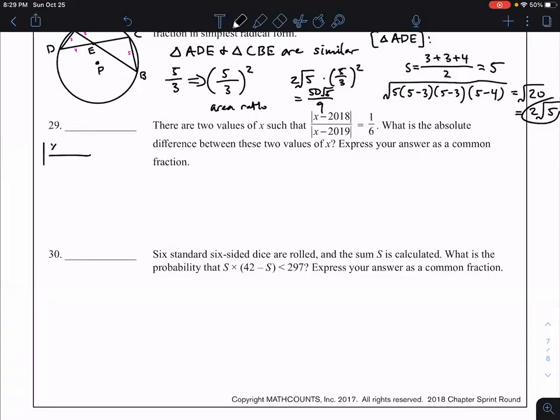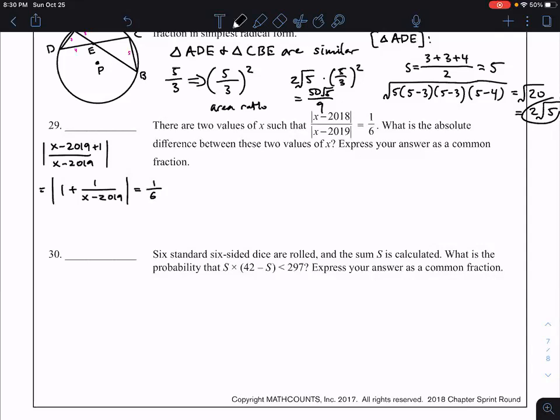First of all, this numerator is just equal to x minus 19 plus 1. So that's just equal to 1 plus 1 over x minus 19. And this is equal to 1 over 6.